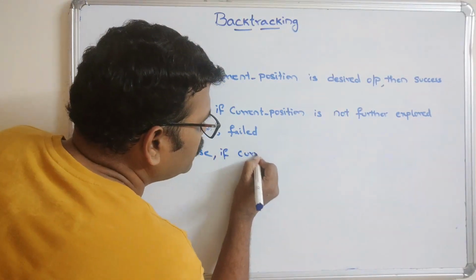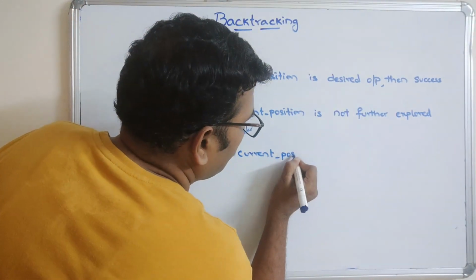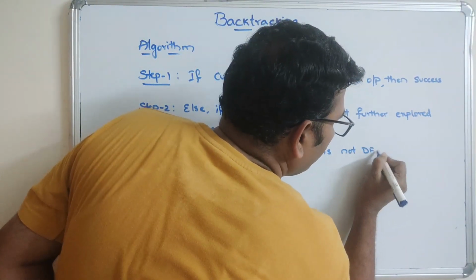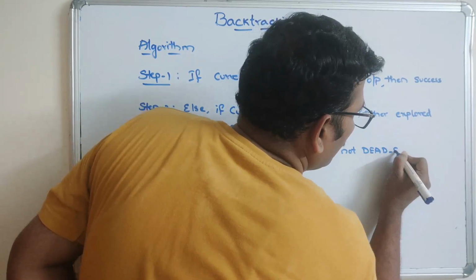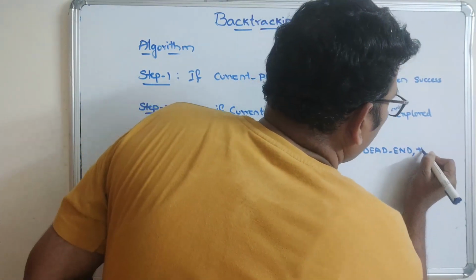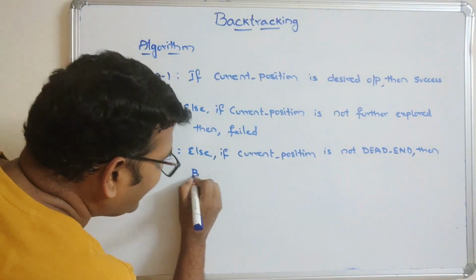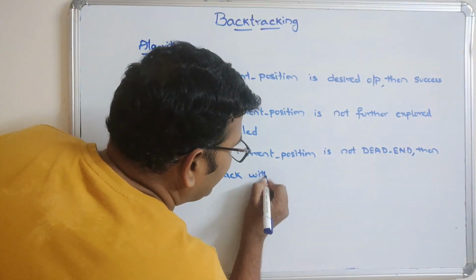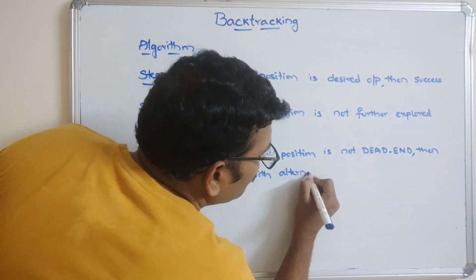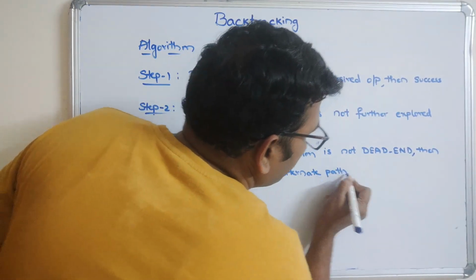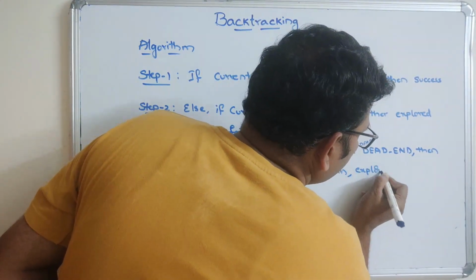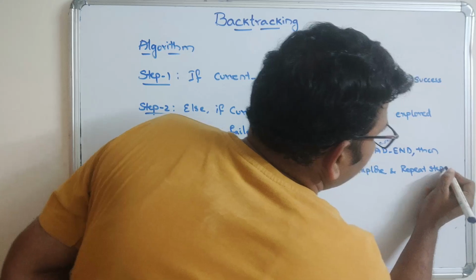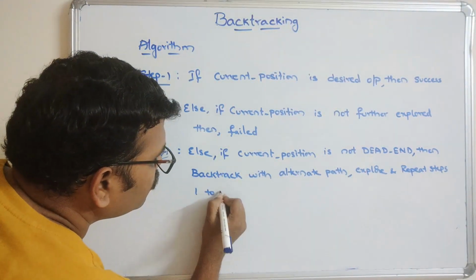If the current position is not a dead end, then backtrack with an alternate path, explore, and repeat steps 1, 2, 3.